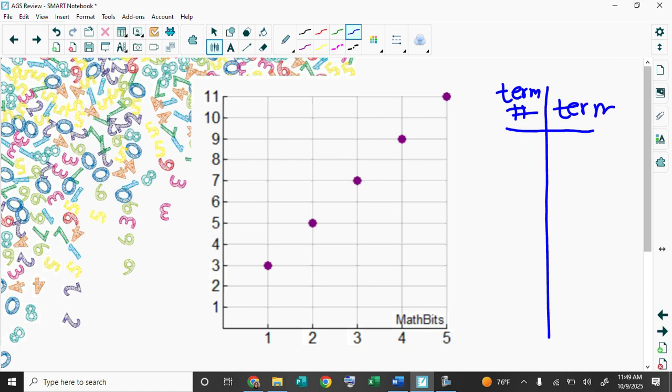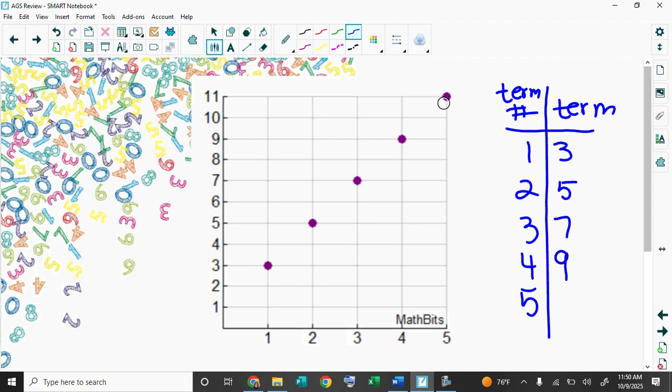These are ordered pairs. My first term is 3, my second term is 5, my third term is 7, and my fourth term is 9.